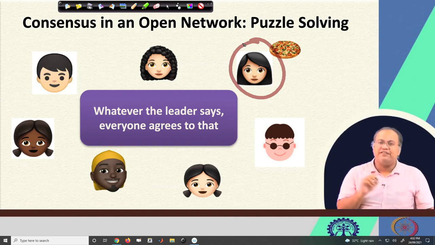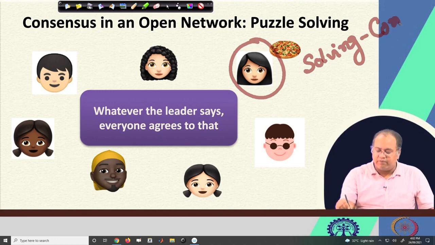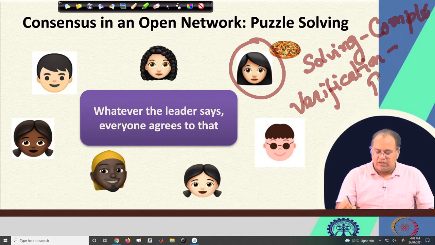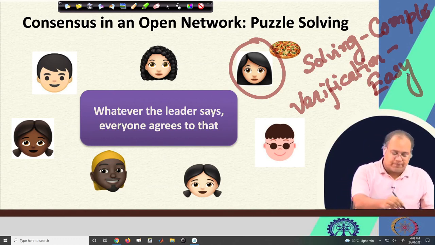If this verification becomes complex, that does not mean anything, because then verification will take time. I do not want that. What I want is that solving the puzzle is complex, but verification is easy. So this is the property that the puzzle should support.